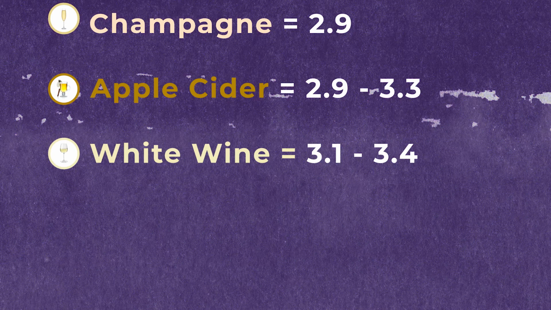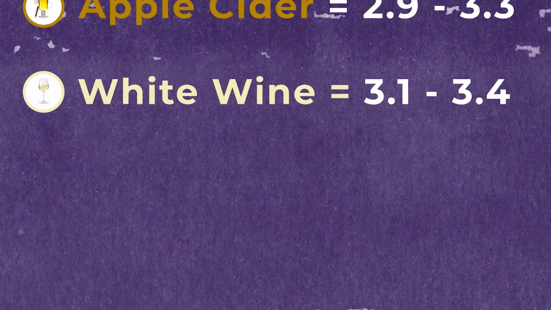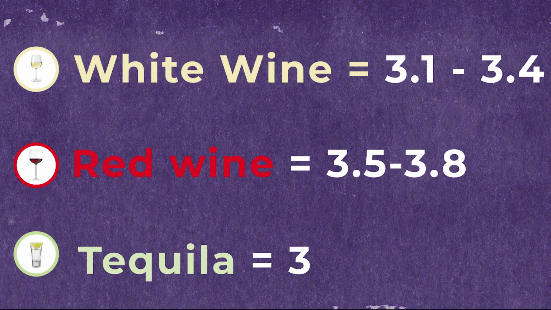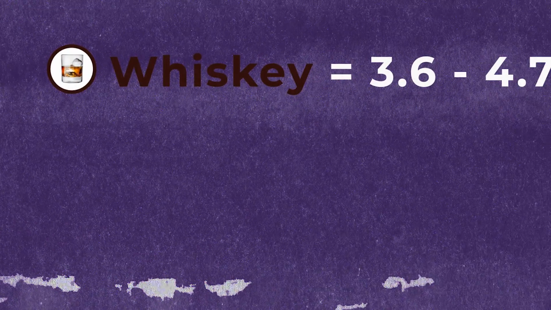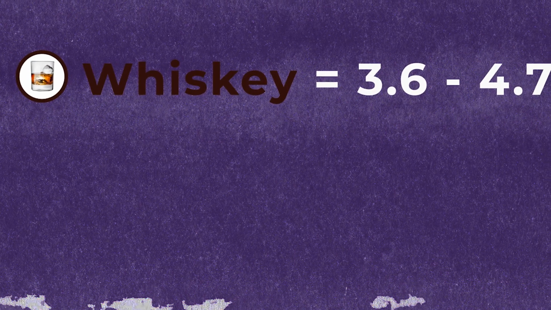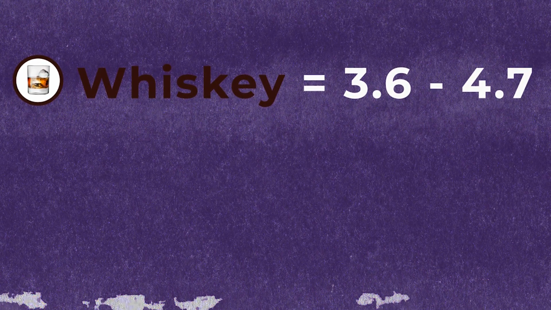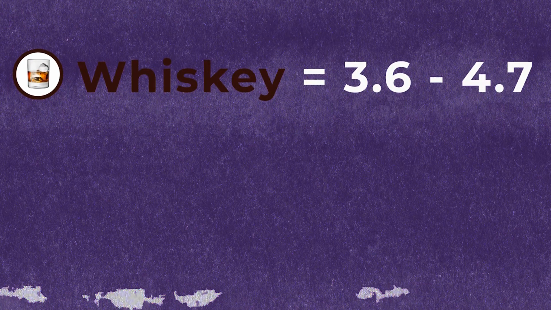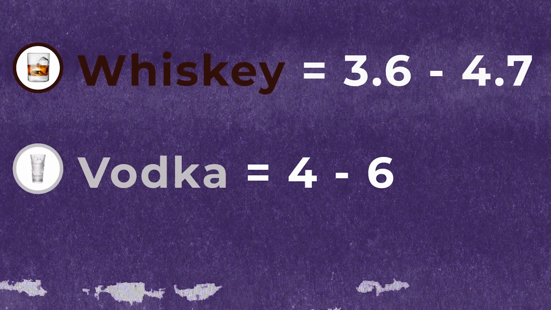Many people don't realize it, but white wine is more acidic than red wine, with red wine having a pH that ranges between 3.5 to 3.8. Tequila has a pH around 3. Whiskey has a pH around 3.6 to 4.7, and vodka, one of the most popular types of alcohol for mixing drinks, has a pH between 4 and 6.